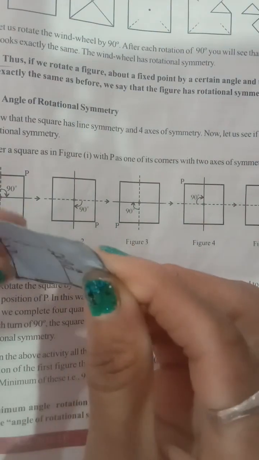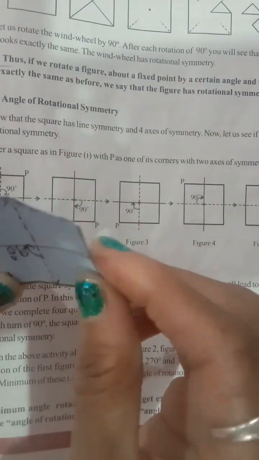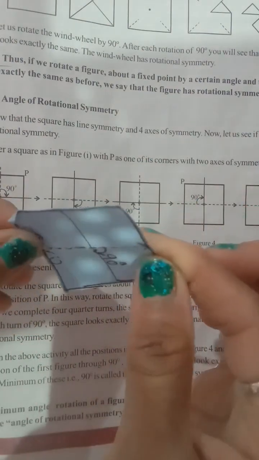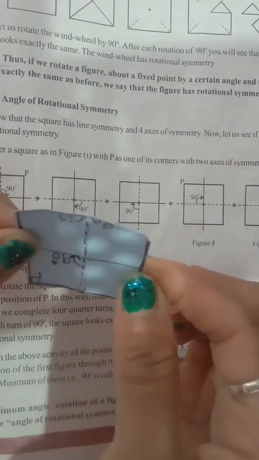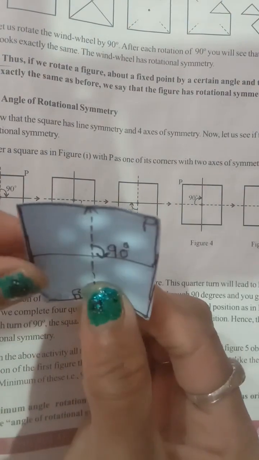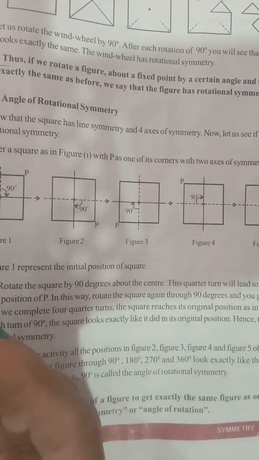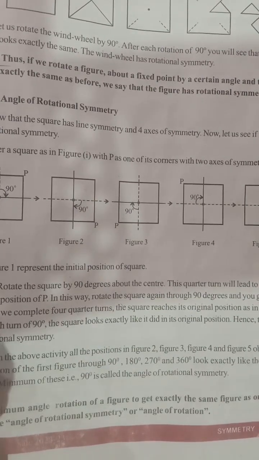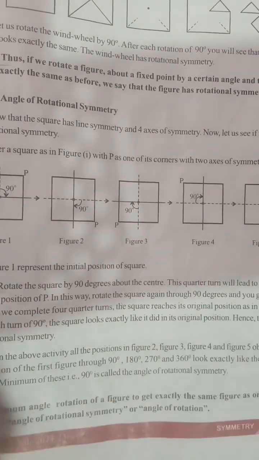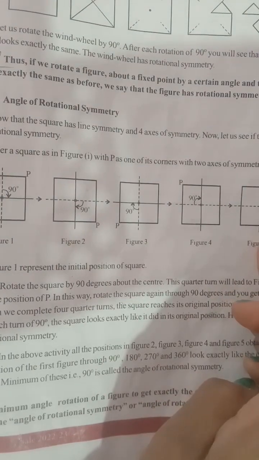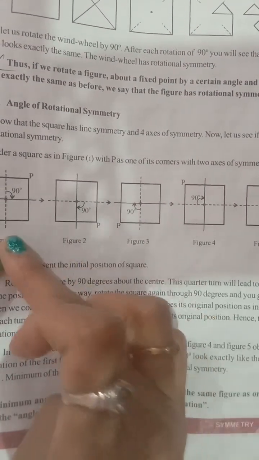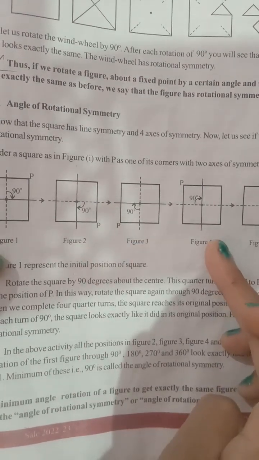Initial figure 1, 2, 3, 4. When you complete the 4 quarter turns, one full turn is completed and the square reaches the original position in figure 5. The first figure is 90 degrees, then 180 degrees, 270 degrees, and here it is 360 degrees.